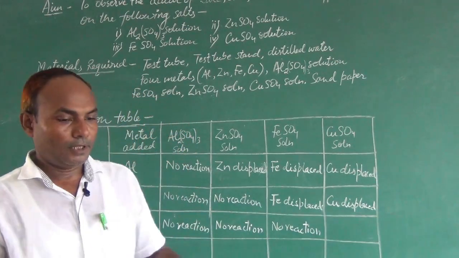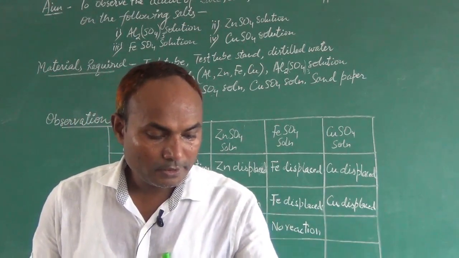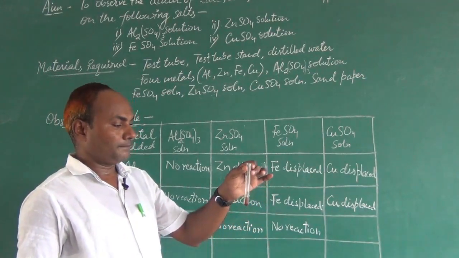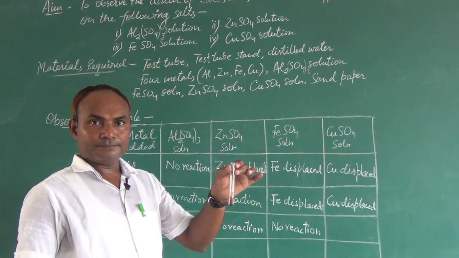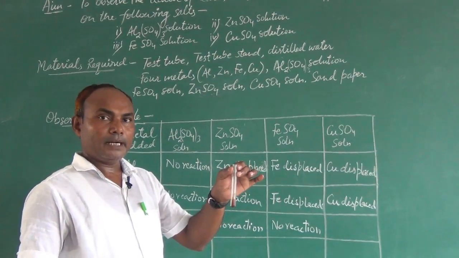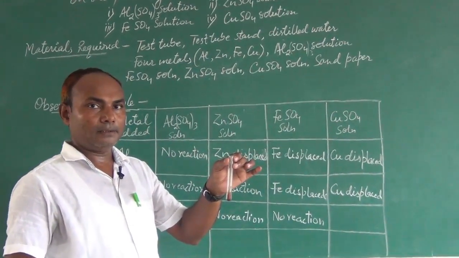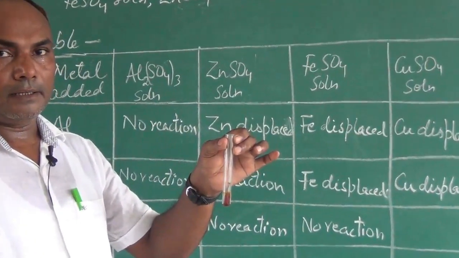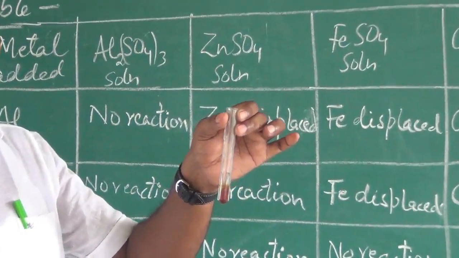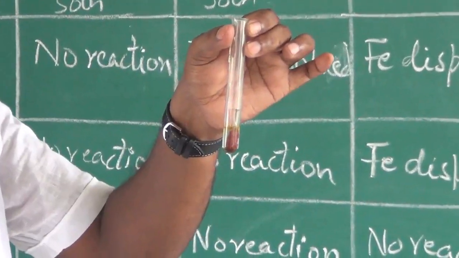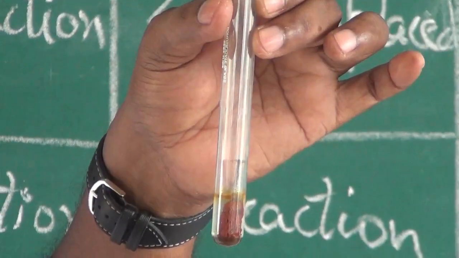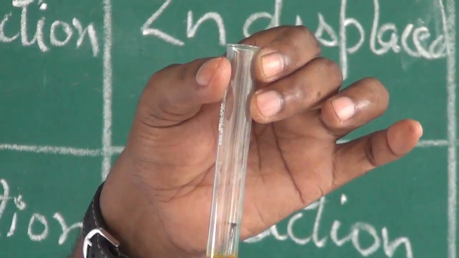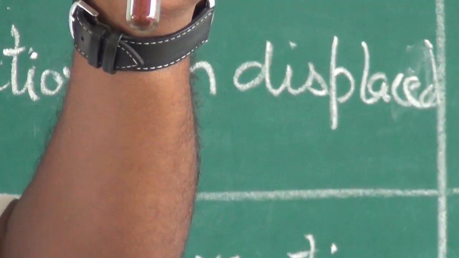Okay students, now further we have to observe the fourth test tube, salt solution. In the fourth test tube, students, we have taken copper salt solution and added an iron nail. If we observe the color of the salt solution, the blue color of the salt solution changes, which means a displacement reaction takes place in it.